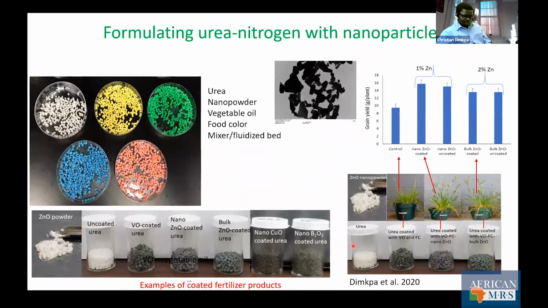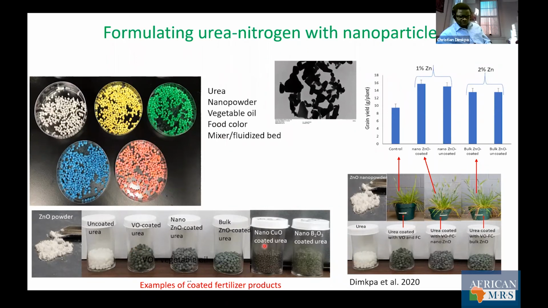Because the product is already made, you can do that in a very simple method involving vegetable oil, food color, and you only need a mixer or fluidized bed. You mix all of these components, and then depending on the color of the food color, you can have yellow, green, blue, or orange color products.